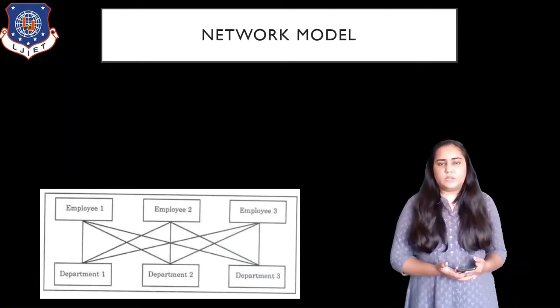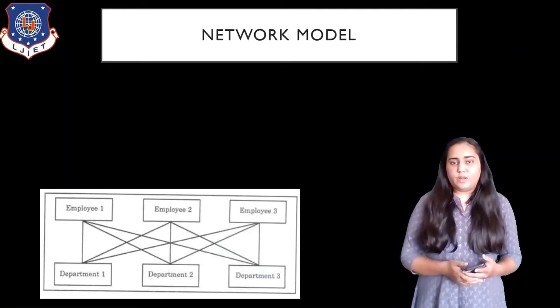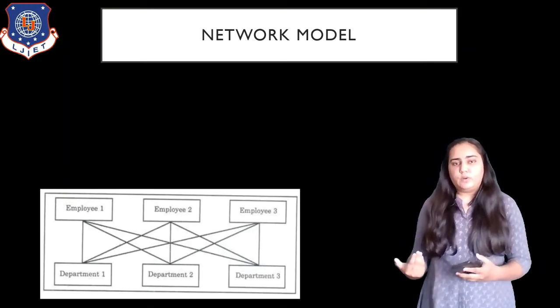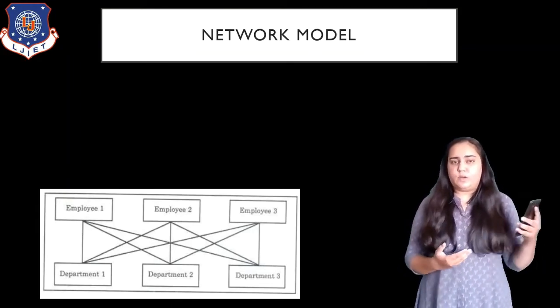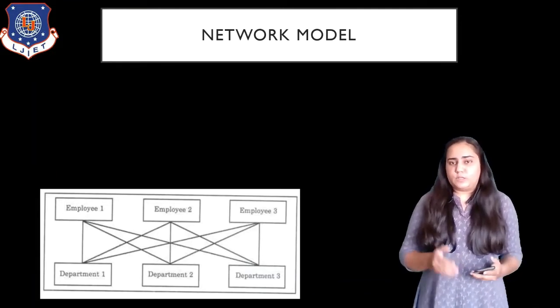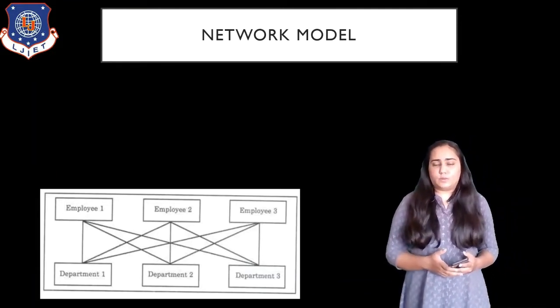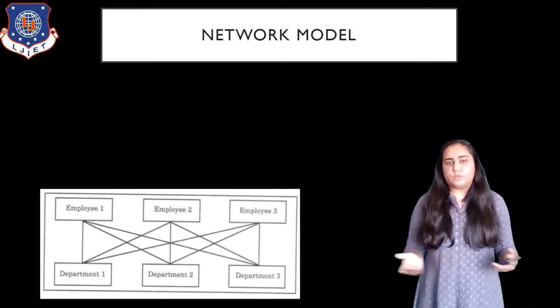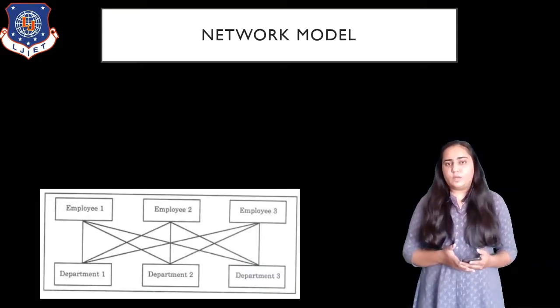So you can see here in the diagram that employee 1 is related with departments 1, 2, and 3. And so there are lines going from employee 1 to departments 1, 2, and 3. And so also employee 2 is related with departments 1, 2, and 3. So there are lines going that way.